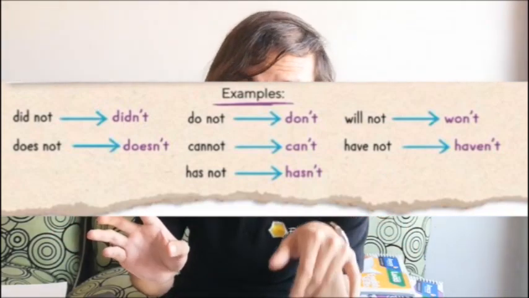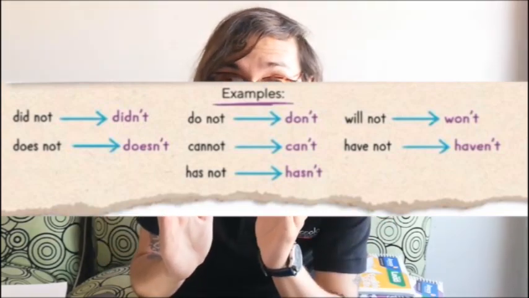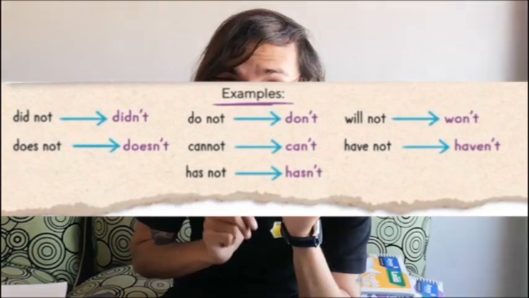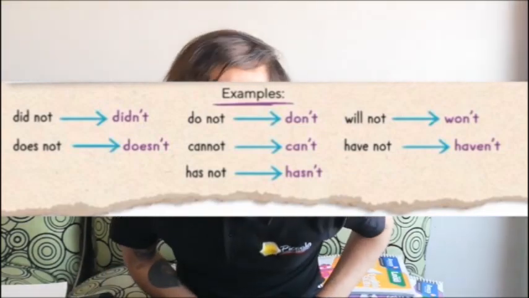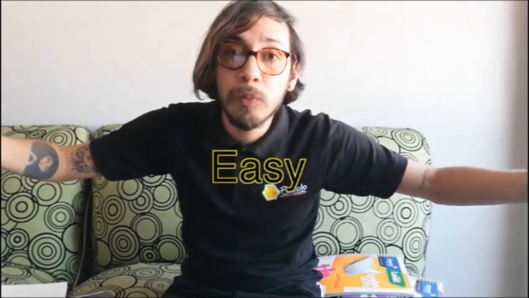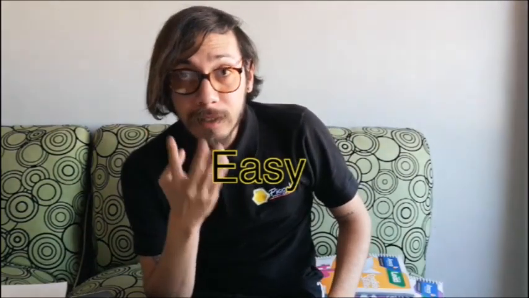You drop the letter O, add an apostrophe, combine the two words, and you have haven't. Perfect. Do you see how it's really simple, really easy? Super easy. Next part, let's read it.